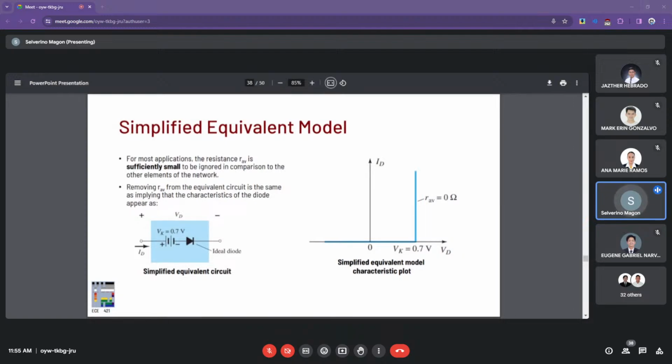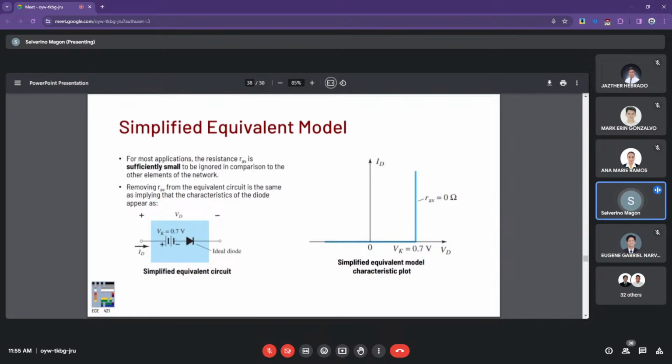For higher voltage applications, if the 0.7 volts becomes insignificant, or in many cases where the resistance values become insignificant, now for high voltage applications, then we can just remove or neglect the value of the resistance, and we say that this value is essentially small.